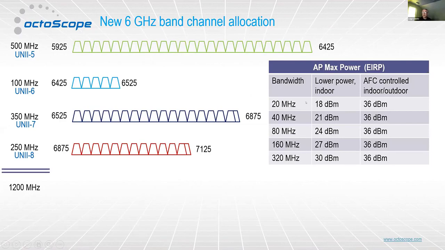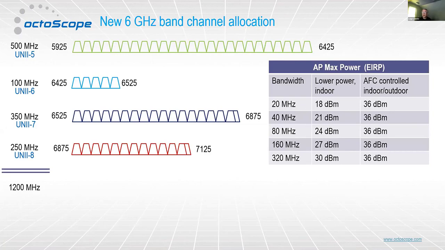Basically, depending what bandwidth we're operating at for low power indoor, we have different amount of transmit power that we can use. And then the other way that we can use those channels is in what's known as automatic frequency coordination controlled. So it's controlled by essentially a frequency coordinator that will help avoid interference between systems.